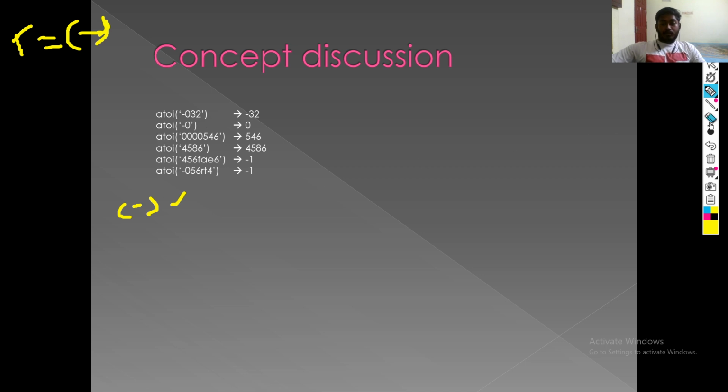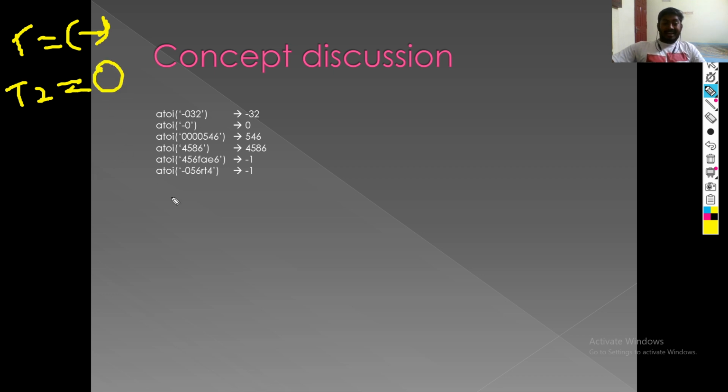For that, we have to do a recursive function. We are going to take another temporary variable, t2, equal to 0 initially.